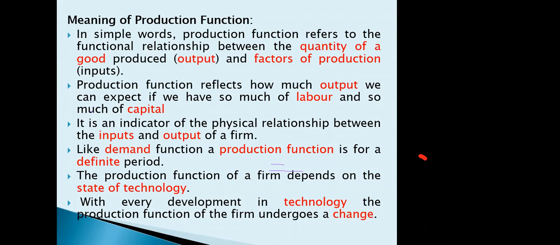So production function reflects how much output we can expect if you have so much labor and so much capital. अगर मेरे पास इतना लेबर है, इतना कैपिटल है, इतना लैंड है, तो उसके हिसाब से how many units I can produce, that I will decide. That is nothing but your production function.